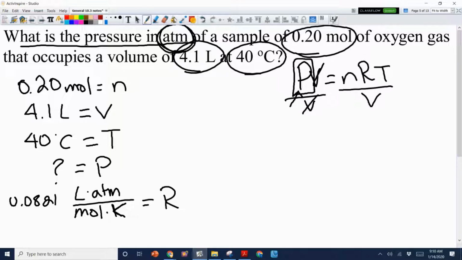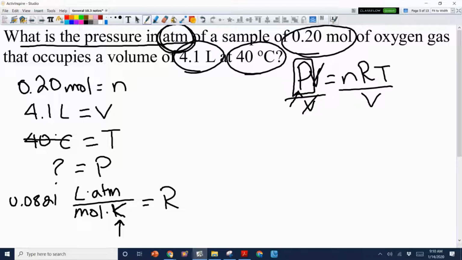All right, so let's check our units, make sure they're correct units. Moles, okay, check. Volume is in liters, check. Temperature is in Celsius. Okay, we can't have that. It has to be in Kelvin because look at the units for the ideal gas constant.